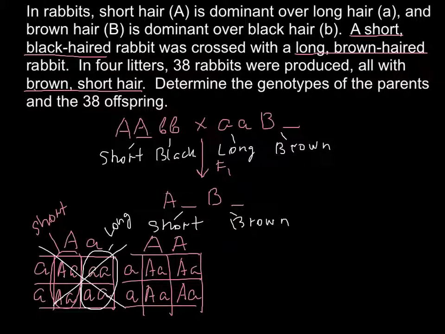So we can put small a here. This is going to be the genotype for trait A of the F1 generation.